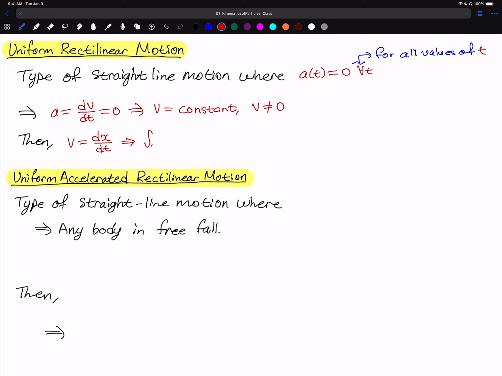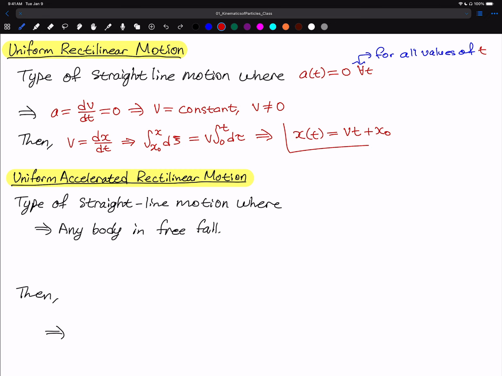And that gives us the integral from x0 to x of d c, that's our dummy variable, is equal to v times the integral 0 to t d tau. That's our other dummy variable for time. And you'll notice I pulled out the velocity from the integral, and the reason for that is because it's a constant, so it does not depend on time, such that it can come out of the integral. And then we get that x of t must be equal to v times t plus x0, that initial position.